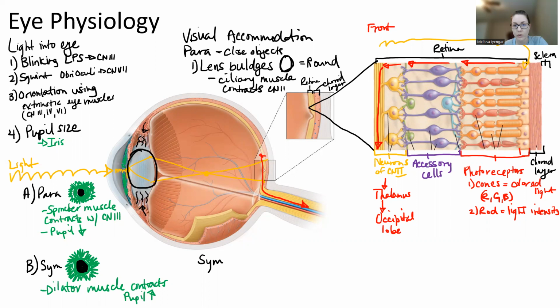So this is cranial nerve 3 that does it. And that causes our suspensory ligaments, sorry, my pen's having a rough time today, to loosen or slacken. And that causes our lens to bulge.